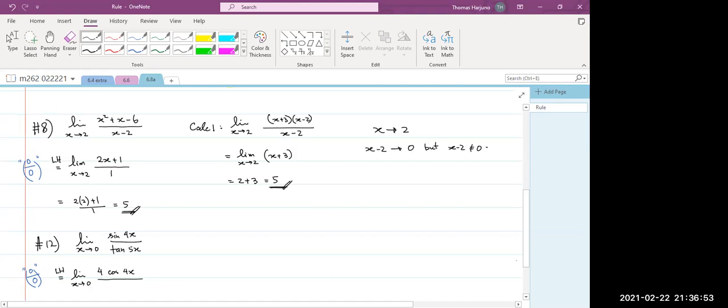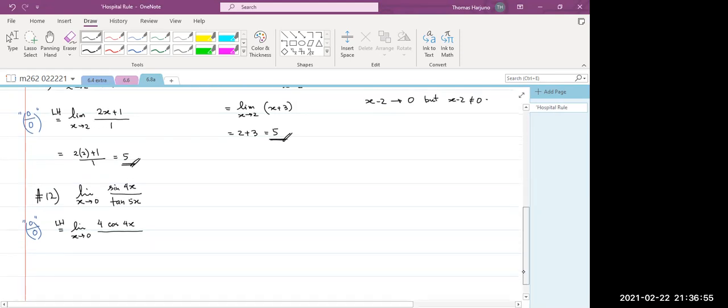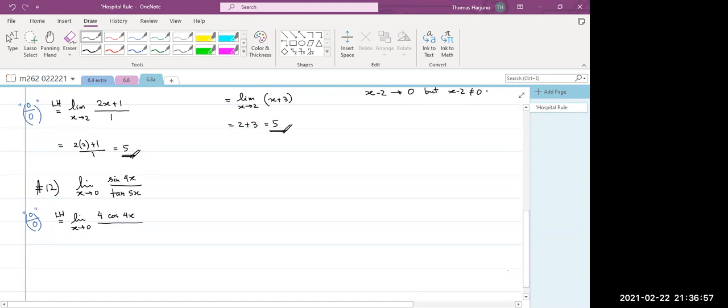How about the derivative of tangent? Cotangent? No. Oh no, it's one of those. That's right. Memorize that. Secant squared. That's right. The derivative of tangent is secant squared. So this is secant squared of 5x times 5.